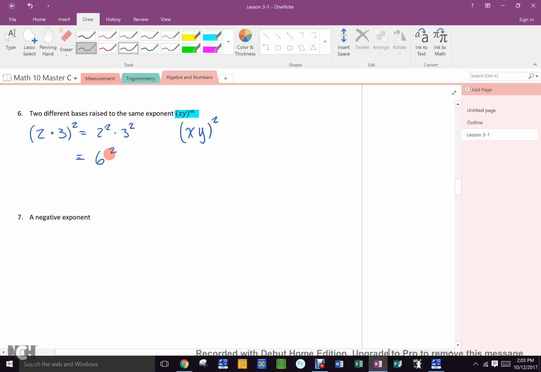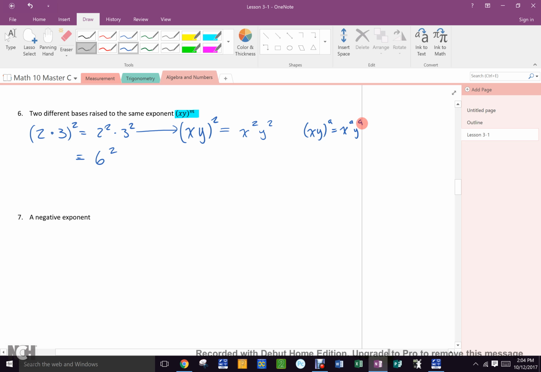Can I do this one? Why? Because you don't know what x and y are. So then I got to remember it's this rule that we stick with. So it's x squared, y squared. Right? So how do I write it out nicely? xy to the a is x to the a, y to the a.